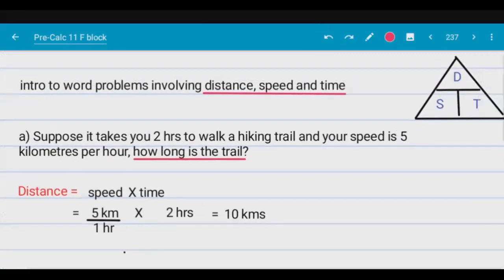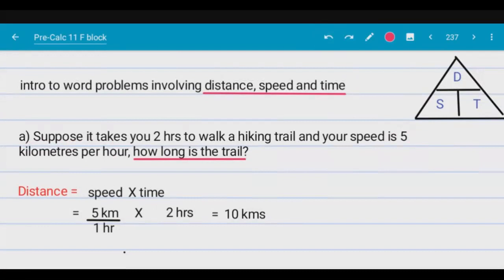So suppose it takes you 2 hours to walk a hiking trail and your speed is 5 kilometers per hour. How long is the trail? So as I was saying, distance is equal to speed times time. So really, look at the speed that you have, 5 kilometers per hour, which is really 5 per 1 hour.